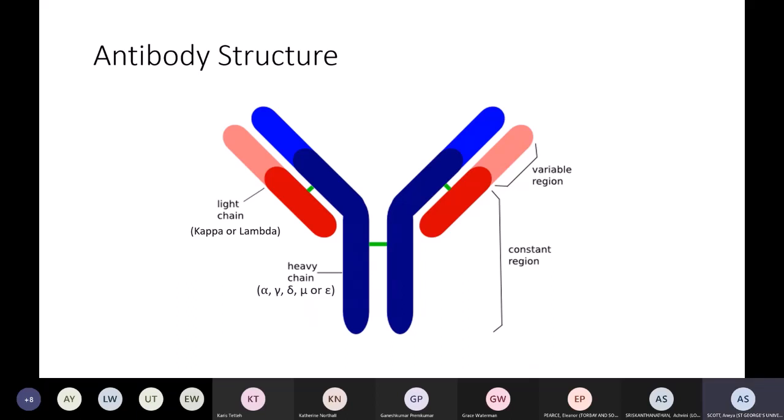Your heavy chain determines what kind of Ig it is. So if it's IgM, it's because that heavy chain is a mu chain. If it's IgE, it's an epsilon chain. The bit at the bottom always stays the same, and the bit at the top is your variable region. That's the bit that changes slightly and allows the antibodies to attach to different antigens.